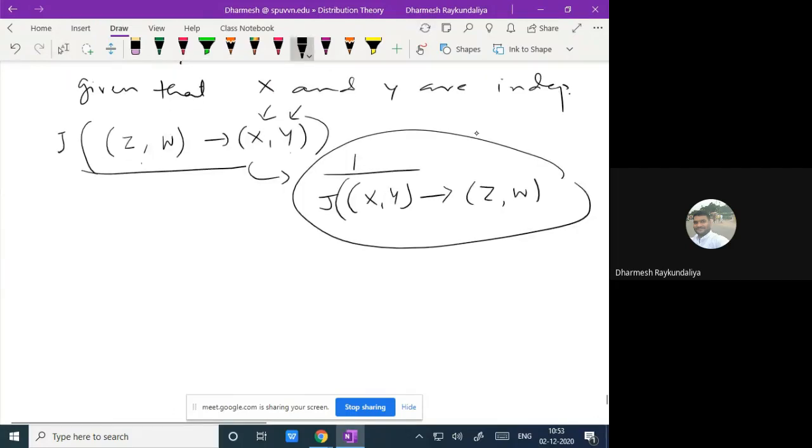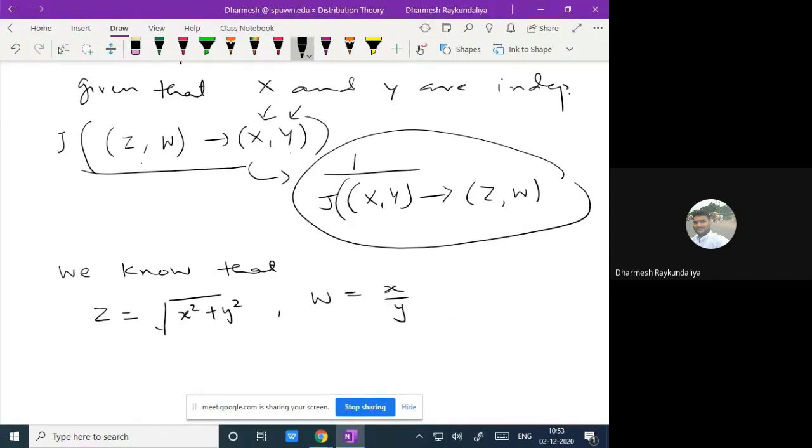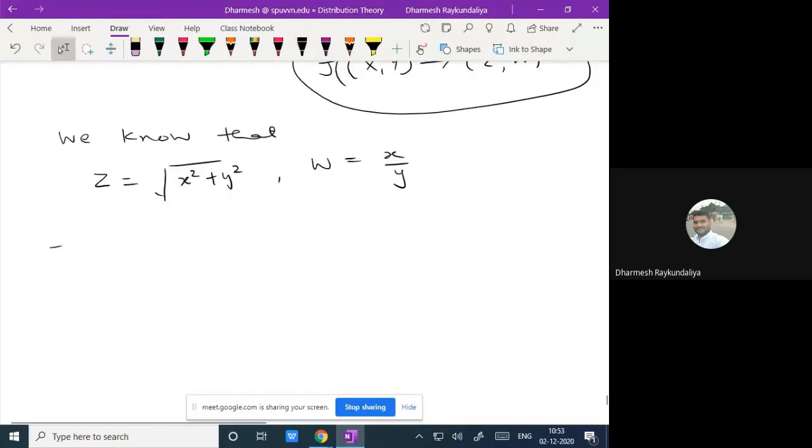Okay, so we know that Z is equal to square root of X square plus Y square and W equal to X upon Y. So what is the Jacobian of ZW to XY?